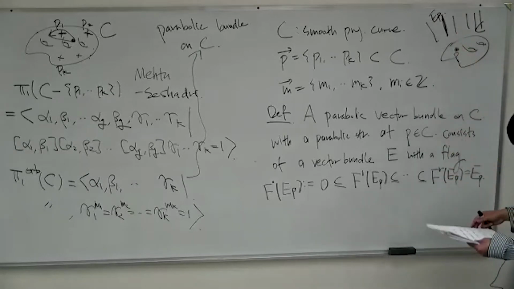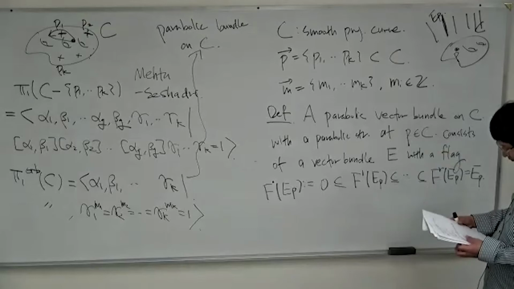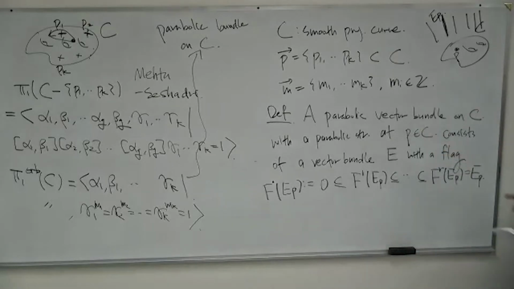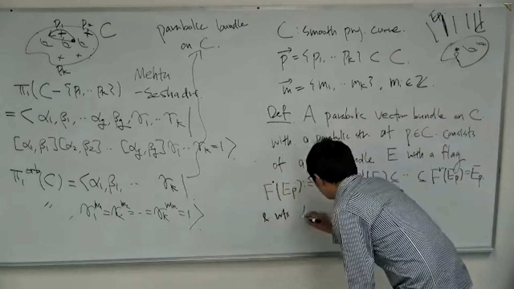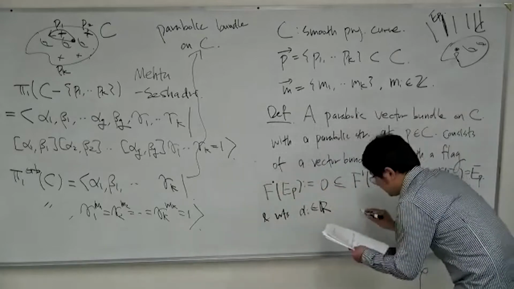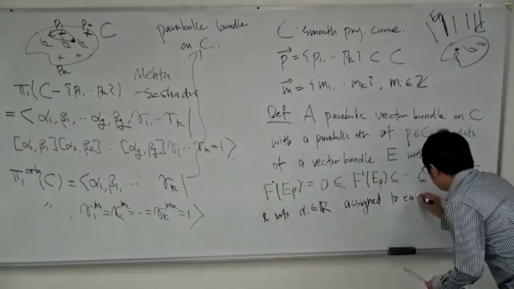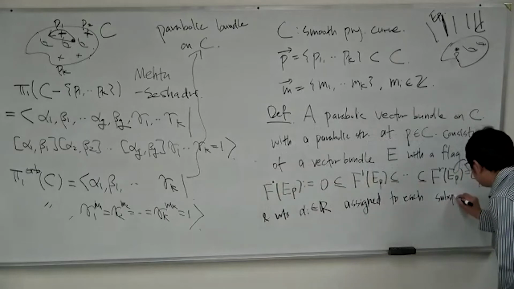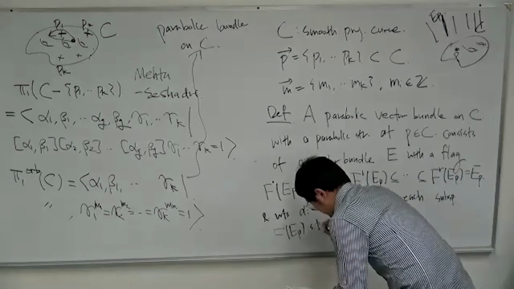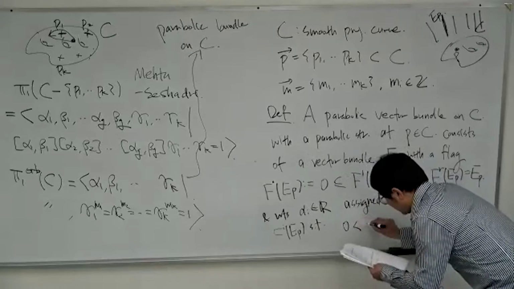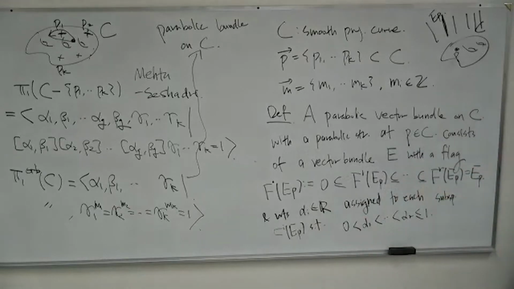This data gives me a parabolic vector bundle E on C. And for each one, I can assign a so-called weight, alpha_i, which belongs to the real numbers, assigned to each subspace F_i E_p, such that 0 ≤ alpha_1 < ... < alpha_r ≤ 1.